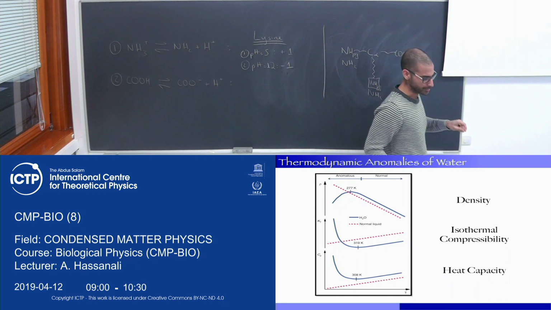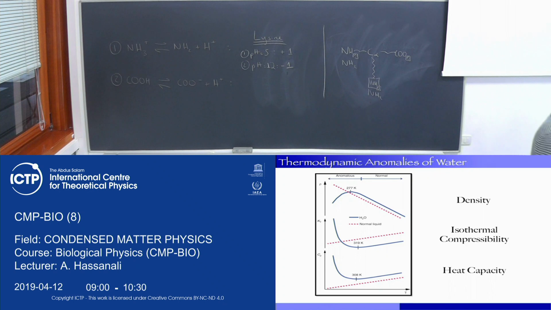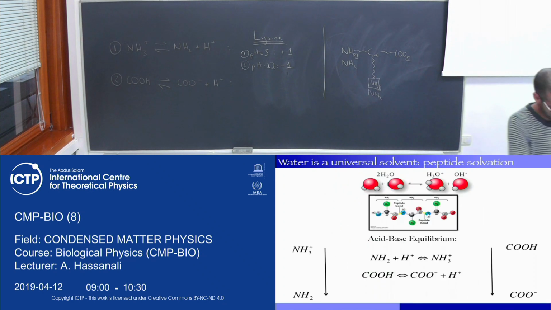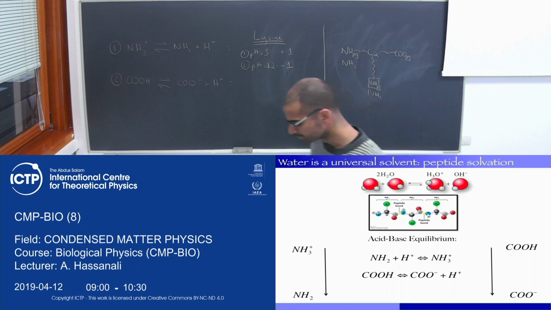And okay, so this you already know. So those are thermodynamic quantities. And why should we care about looking at the dependence of these anomalies as a function of temperature?